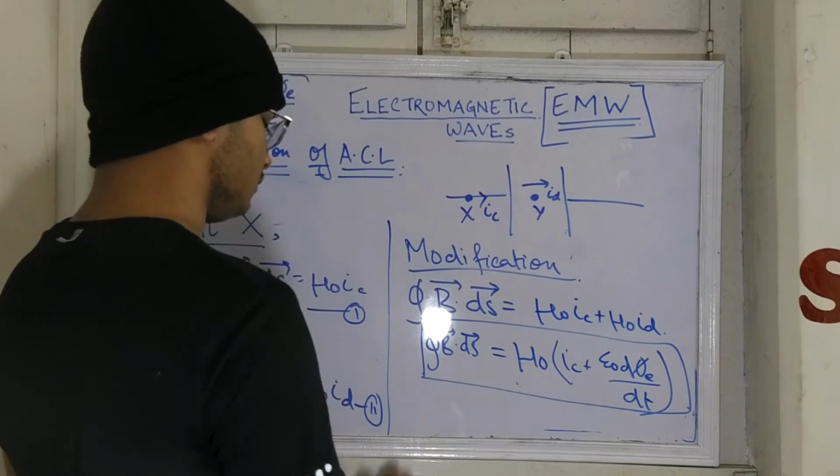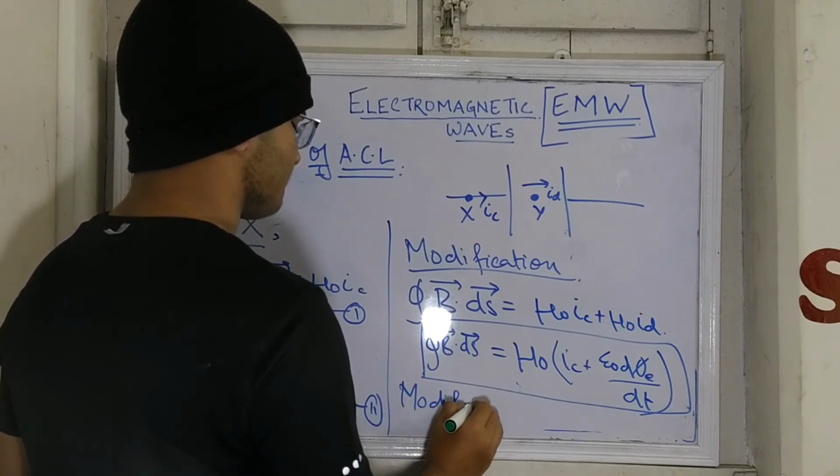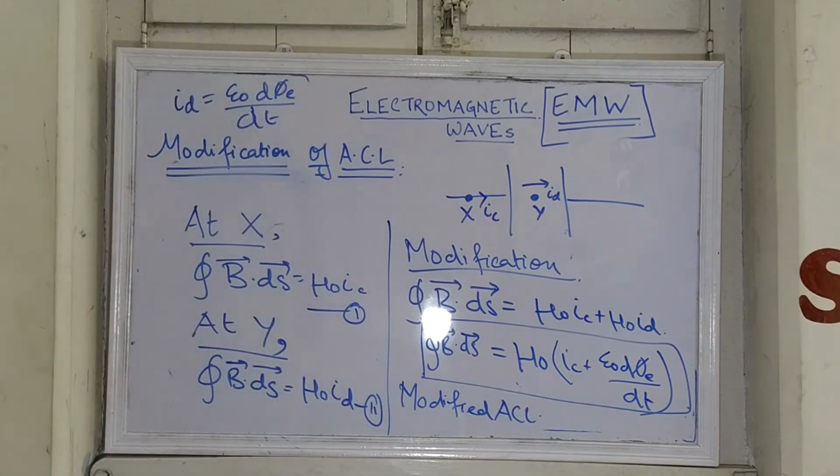This is called the modified ACL or modified Ampere's circuital law according to James Clerk Maxwell. James Clerk Maxwell was an excellent physicist because of this discovery and many other discoveries that were there. Okay.